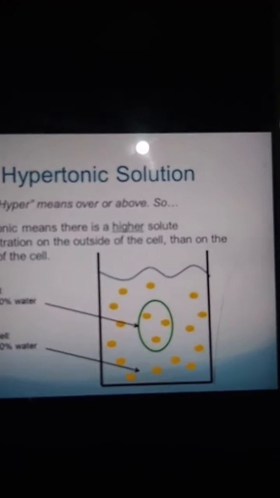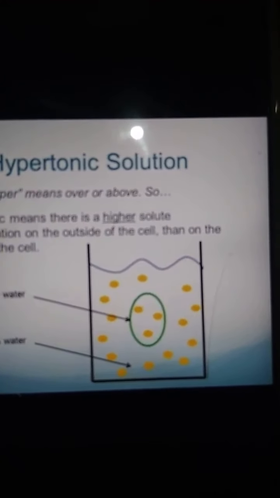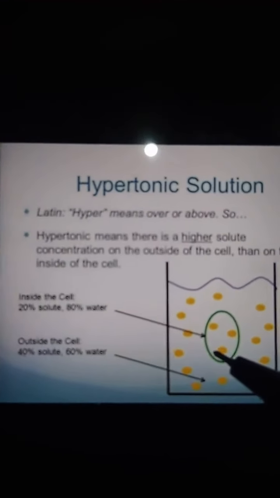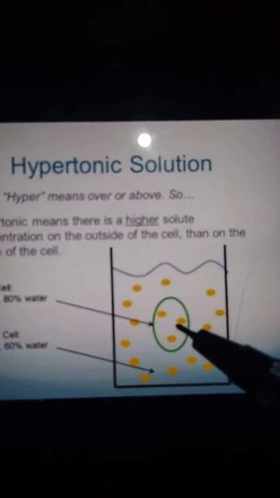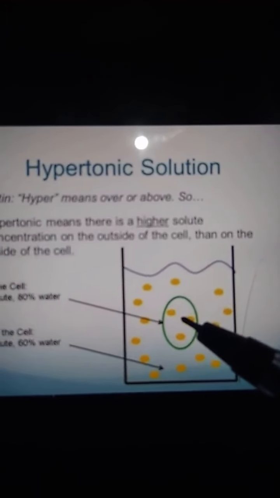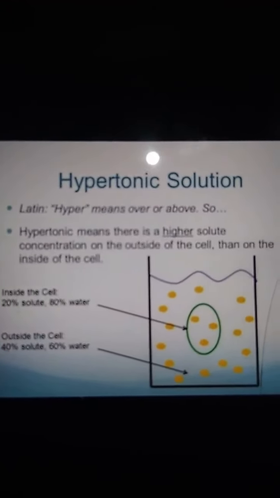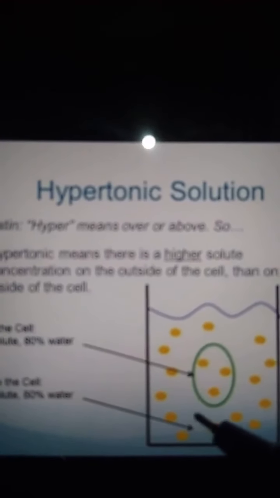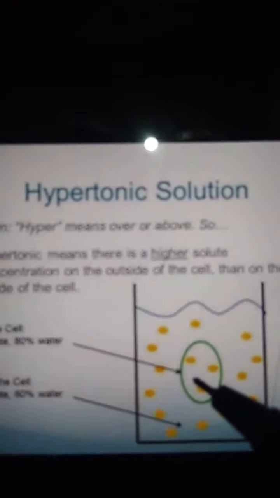So here is the cell, right, and inside the cell these yellow dots are representing water. These are representing solute, and outside the cell solute is present in large quantity and inside the cell solute is present in small quantity.